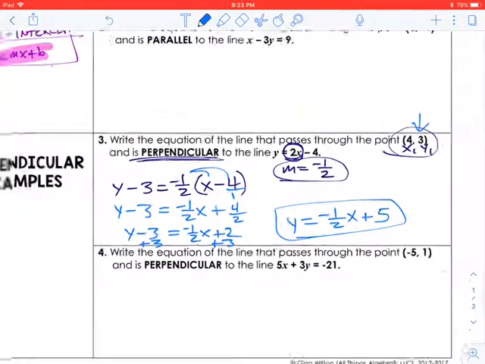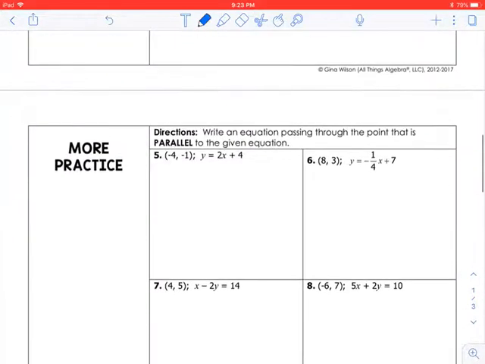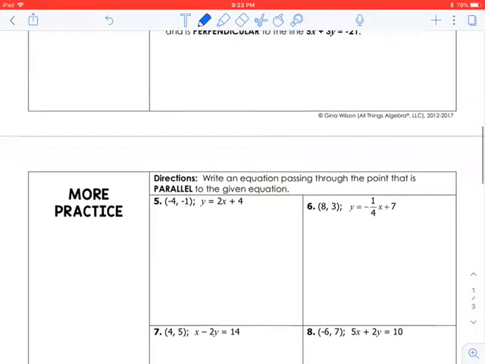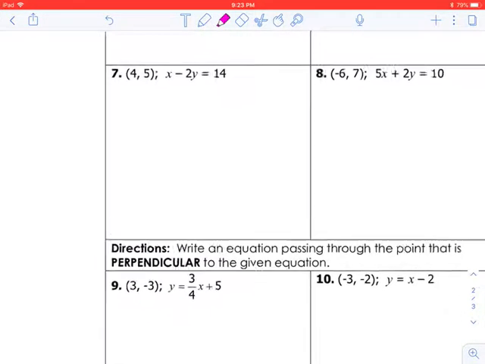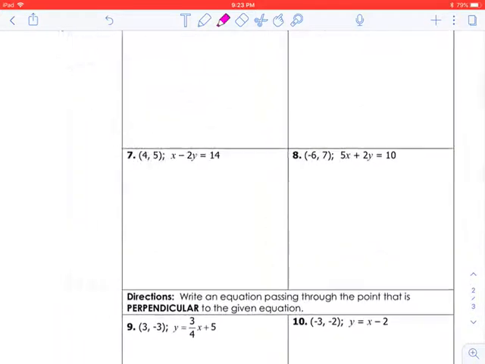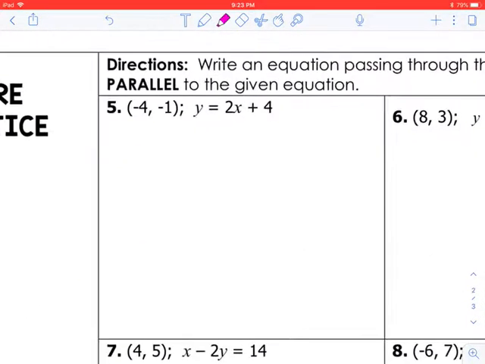So on your own, let's go ahead and get a couple examples for you to do at home. I want you to try this one, number 5. And we'll talk about that one tomorrow, Tuesday.